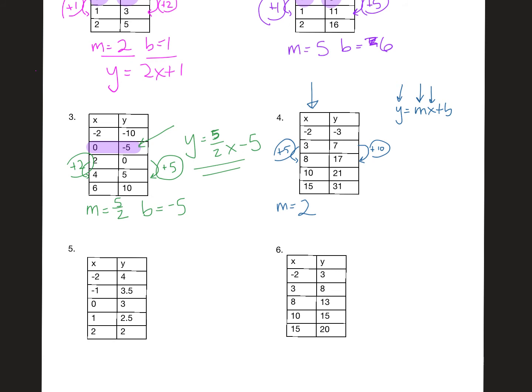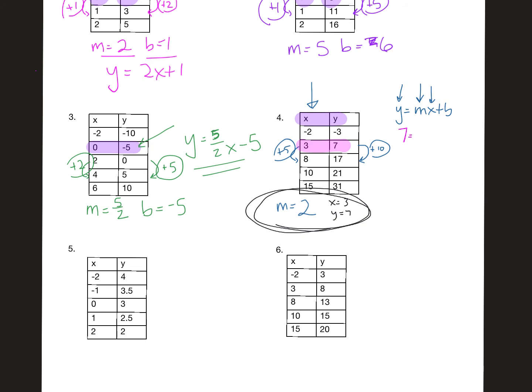I have a bunch of different x's and y's. That's what this whole chart is. I just need to pick one of the rows. It doesn't matter which row. I'm going to pick this row right here, which makes my x value 3 and my y value 7. Let me plug all three of these in so that I can figure out what b is. My y is 7.